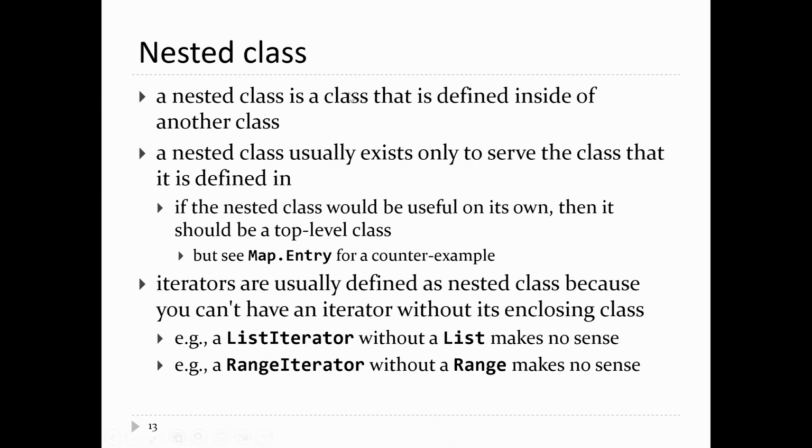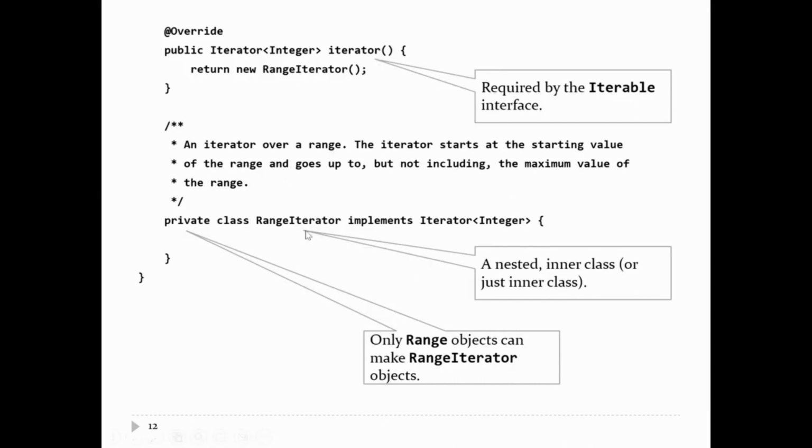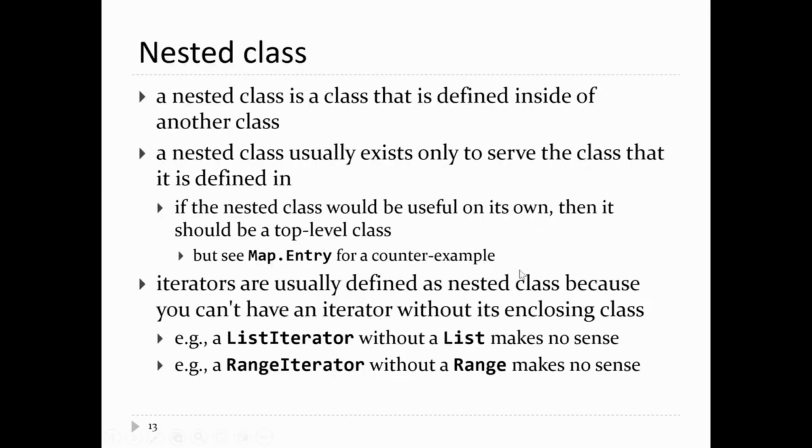Okay, so a nested class. There's a lot of terminology here, and unfortunately the terminology is specific to Java, so other object-oriented programming languages don't use the same terminology. A nested class is a class that's defined inside of another class. Range iterator is defined inside range, therefore it's a nested class.